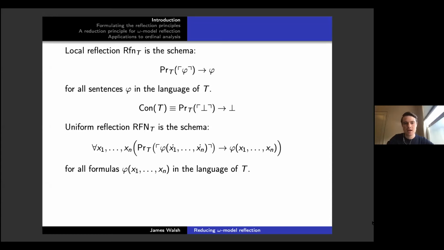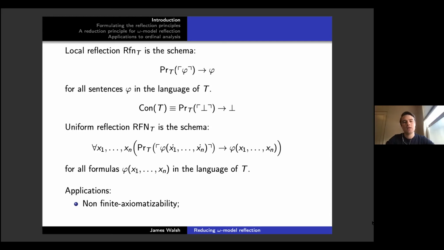So what are the applications of these syntactic reflection principles? One application is for showing non-finite axiomatizability. You can show on the basis of Gödel incompleteness type considerations that the uniform reflection schema is not finitely axiomatizable.